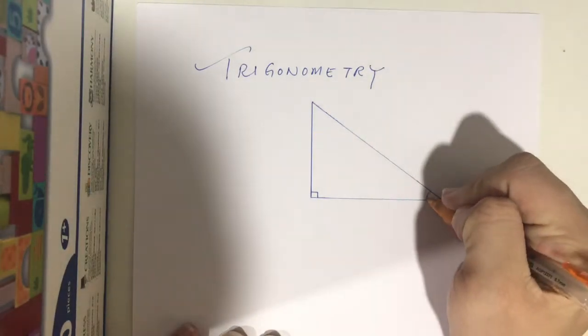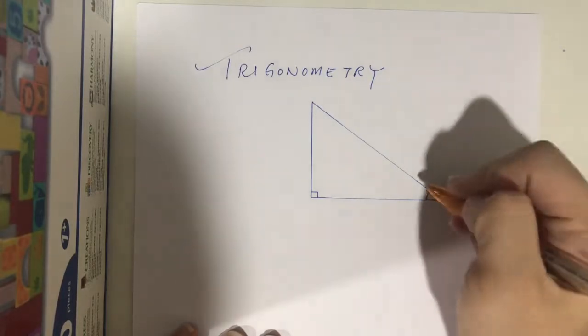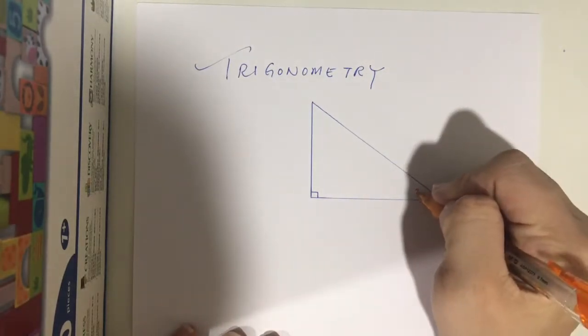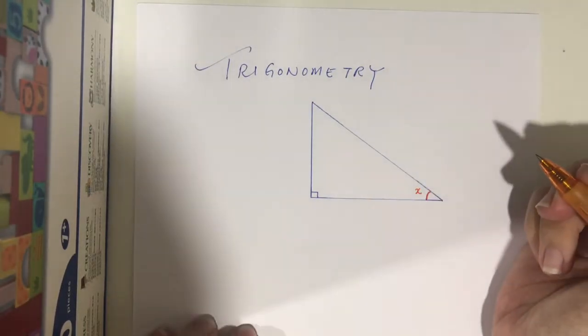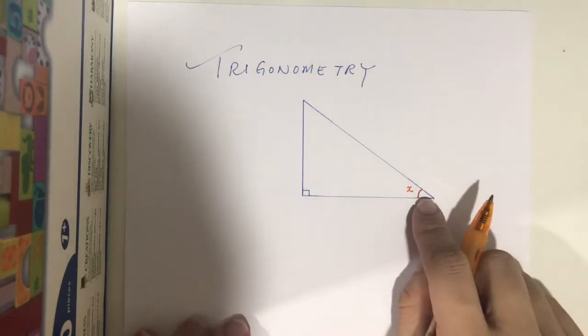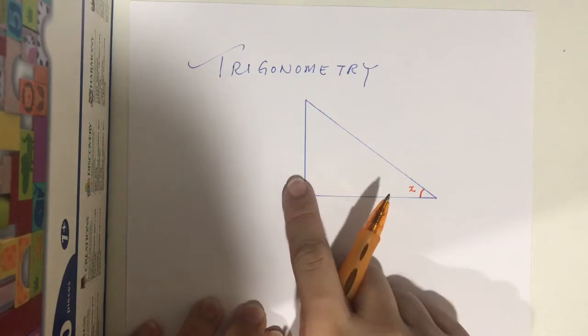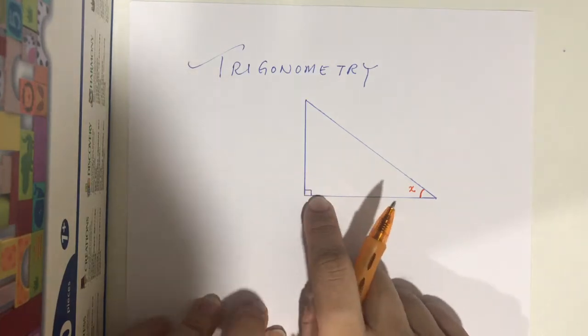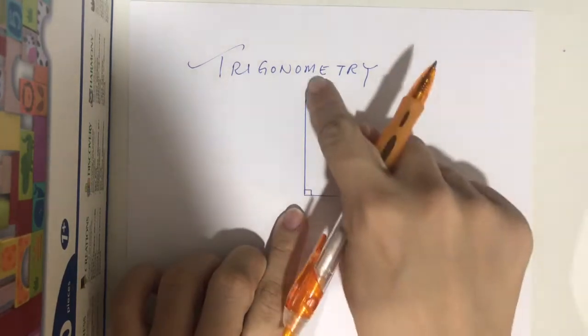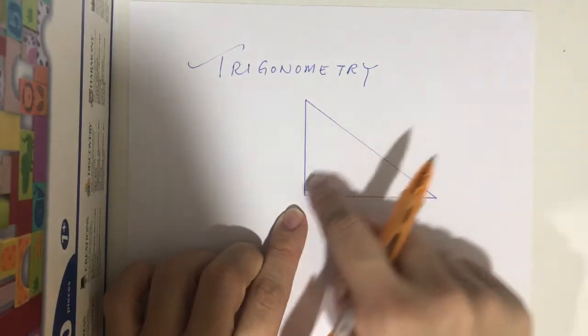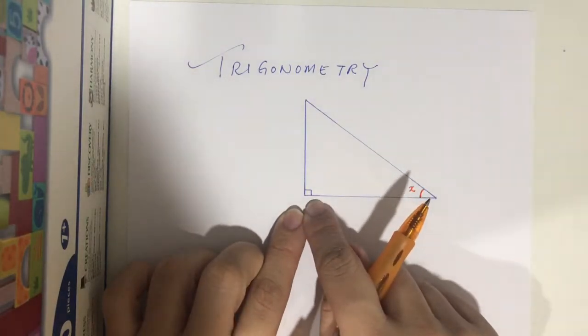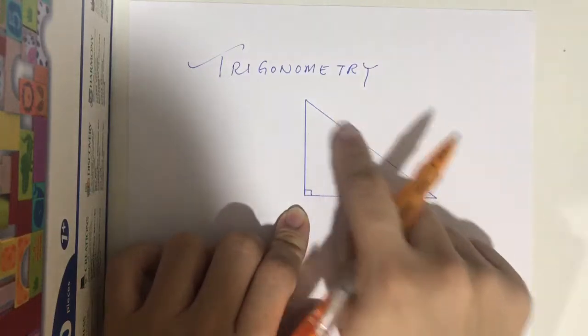So if this is the angle, I label this angle as angle X, for example. Now you look at this right angle triangle. The side that is opposite the right angle, regardless of which angle you are looking for, will be the hypo.